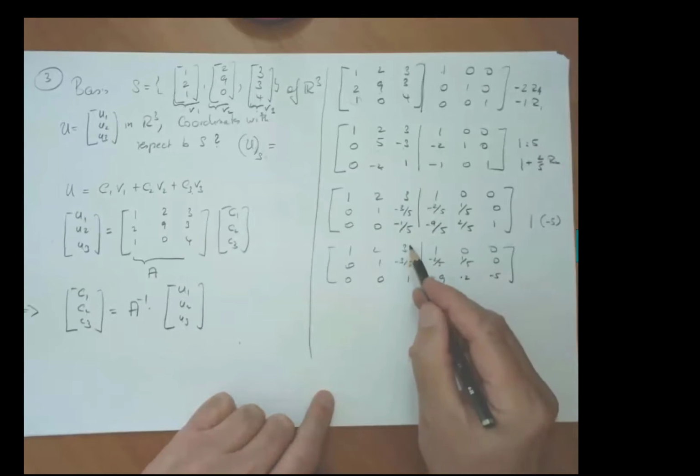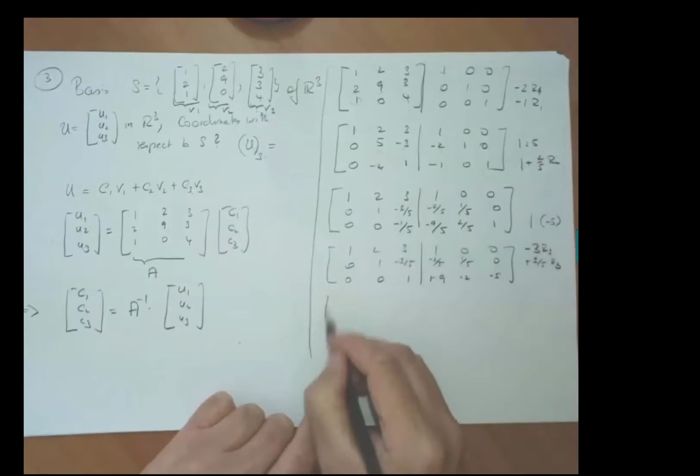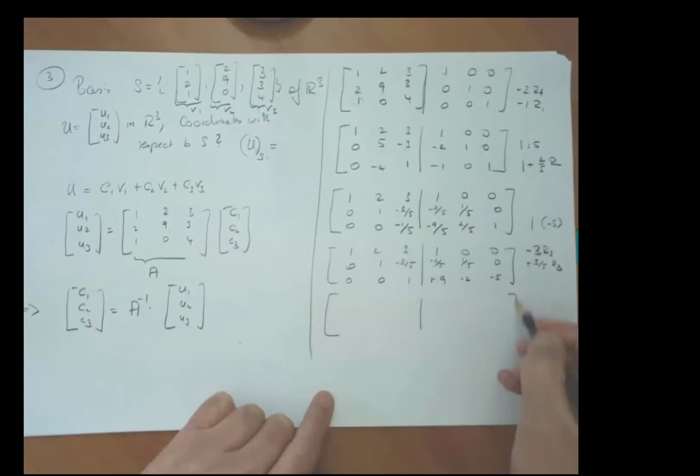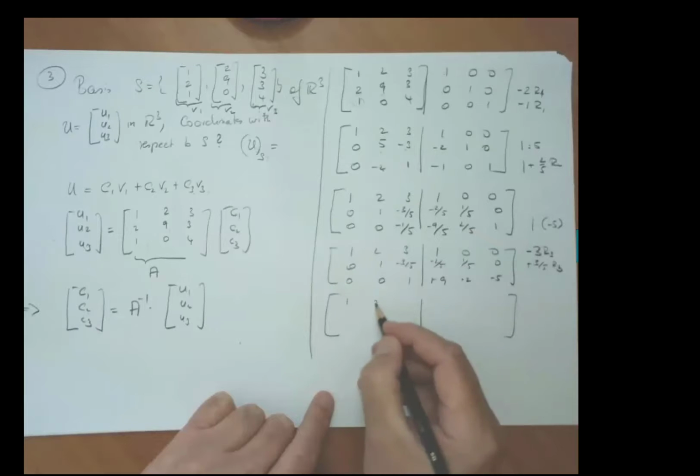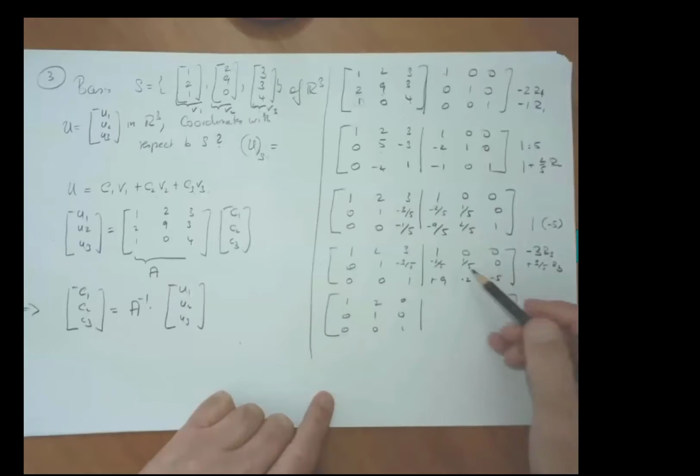Okay, now that's the Gauss part. We are at row echelon form. Now we reduce by putting 0, 0 here, minus 3 times row 3, plus 3/5 row 3. Again, 1, 2, 0, 1, 0, 0, and we already know this is 0, 0, and 1.